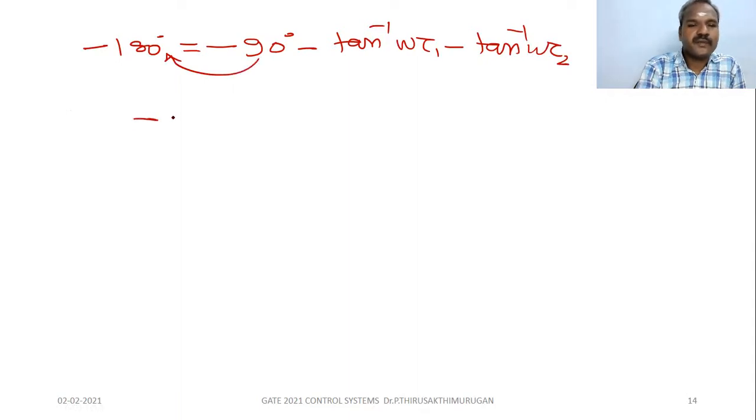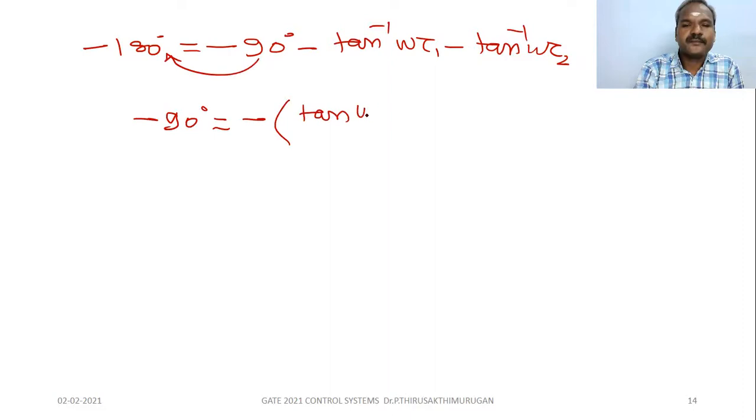So it becomes minus 90 equal to minus tan inverse of omega tau 1 plus tan inverse of omega tau 2, right? So minus minus cancel.